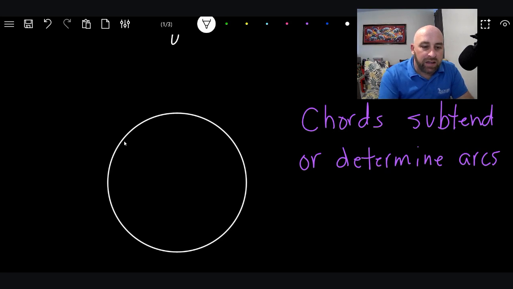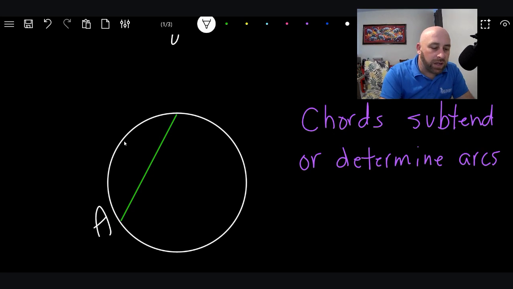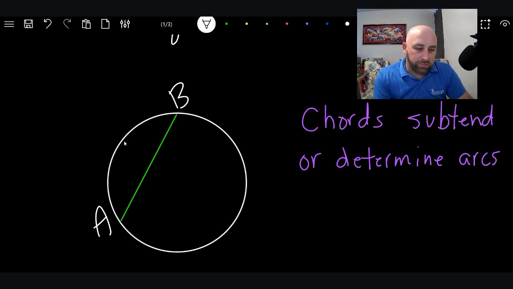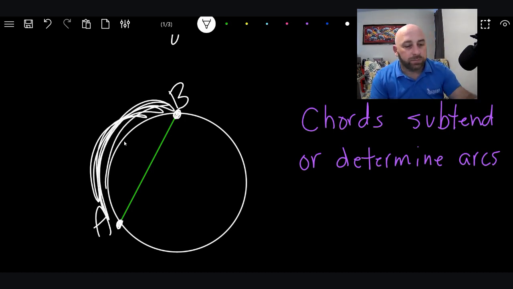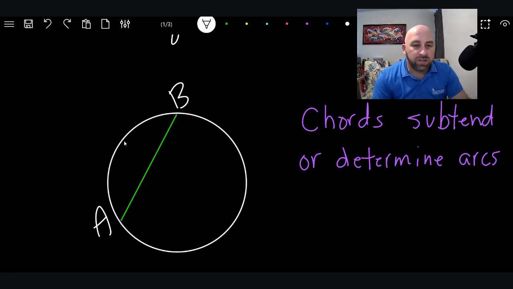So if I have a chord that goes from this point to this point, we'll call this point A and this point B. Even though it's not a central angle, not something going through the center point, which is what we've talked about already, where the central angle subtends the arc, the chord has an endpoint A and an endpoint B, and it is determining an arc. So the chord subtends or determines the arc.